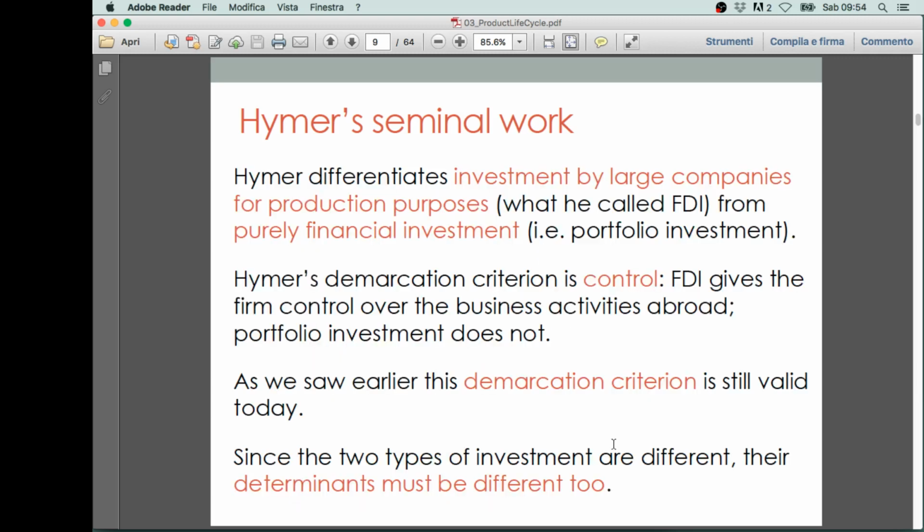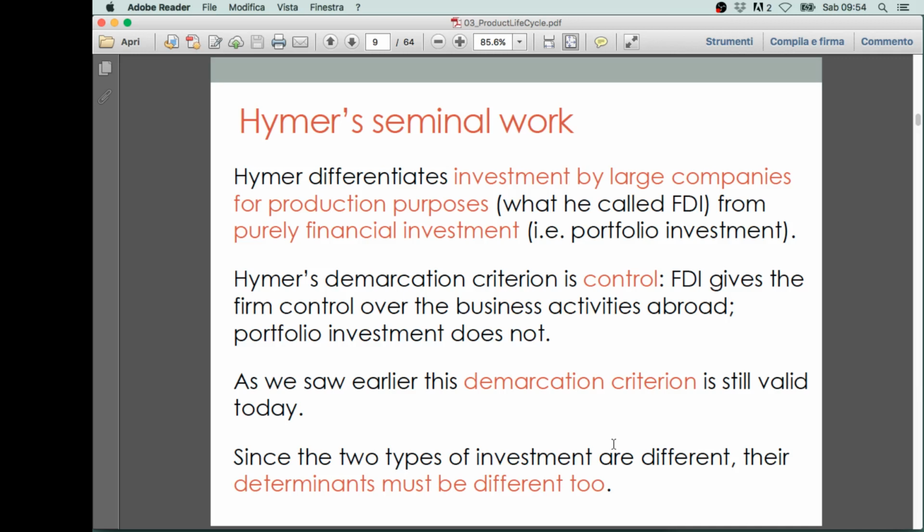So, having criticized the neoclassical approach, Hymer started to think about what essentially differentiates foreign direct investments from other investments.